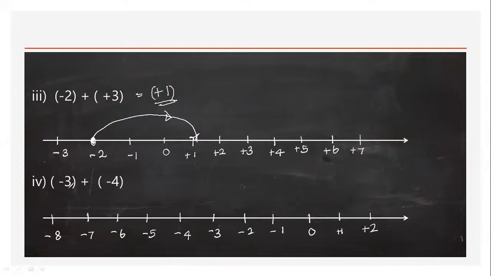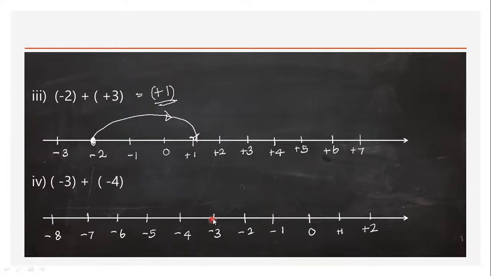And next question. Minus 3 plus minus 4. Now look at the position of minus 3. It is here. Plus minus 4. Minus 4 is to the other direction, right?